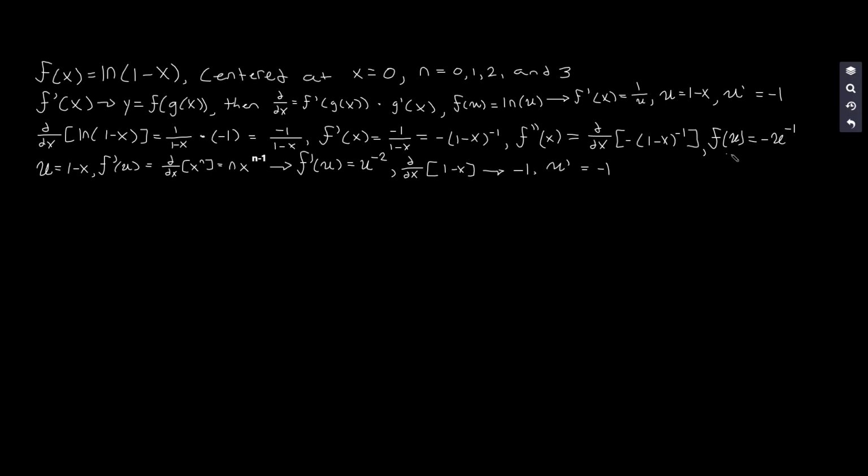I gotta retrace my steps. Negative u became, okay. So it's going to be 1 minus x raised to the negative second power times negative 1, which is going to be, I'm going to bring that downstairs, 1 minus x squared.